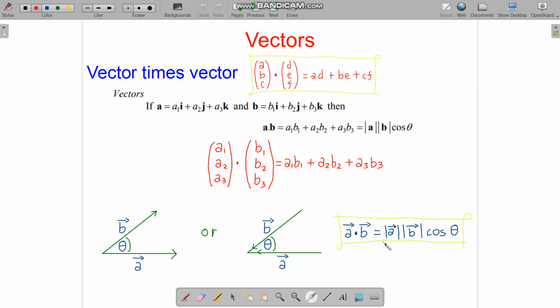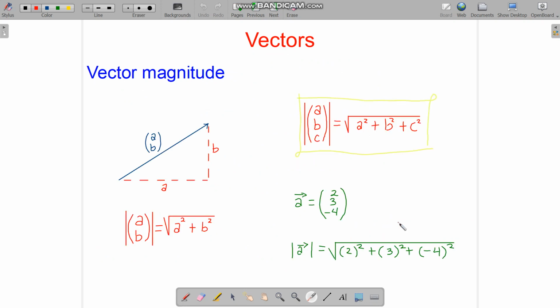In case you're wondering how we calculate the magnitude, it's just like Pythagoras. If the vector has a as the x component and b as the y component, so going to the right and going up, you use Pythagoras and get a squared plus b squared. Same concept here, but in 3D, just like finding the diagonal of a cuboid. We again take the square root of everything squared and added. Just like this, for example.